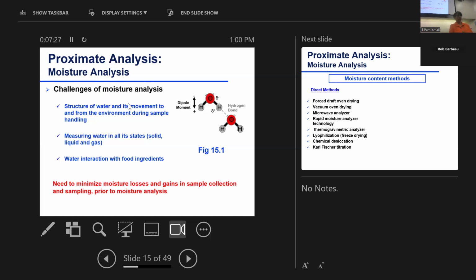However, if you open your processed cheese or cheddar cheese or Parmesan cheese, they have more moisture than the environment, so you will lose moisture to the environment. So basically, when you prepare your sample for analysis, you want to avoid any loss or gain of moisture that will impact moisture content and water activity of your sample.